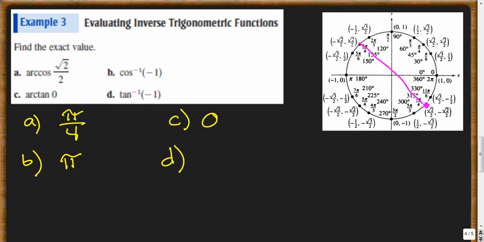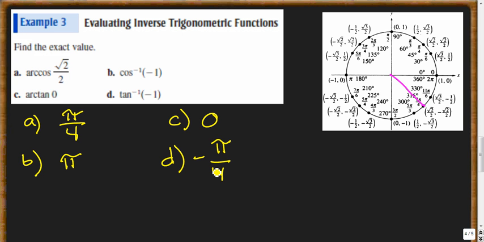Well, problem is that neither of those are in my domain, because I'm answering from negative pi over 2 to pi over 2. So I've got to convert those. Negative pi over 2 to pi over 2 is on this side, so I can't even use 3 pi over 4 anymore. I've got to use this 7 pi over 4 now, but I've got to convert it. If I think about it, one of its coterminal angles, if I go backwards 2 pi, I'm going to end up with negative pi over 4.